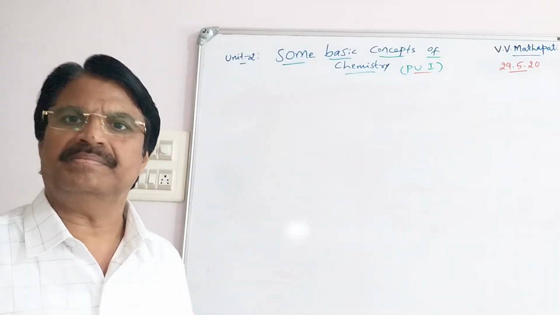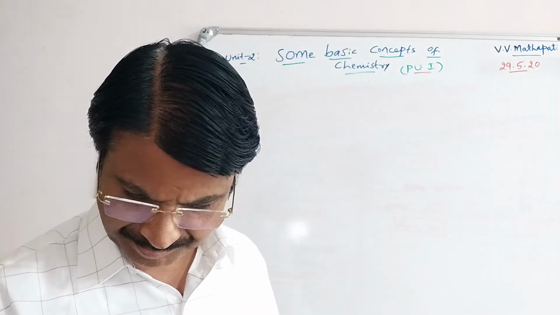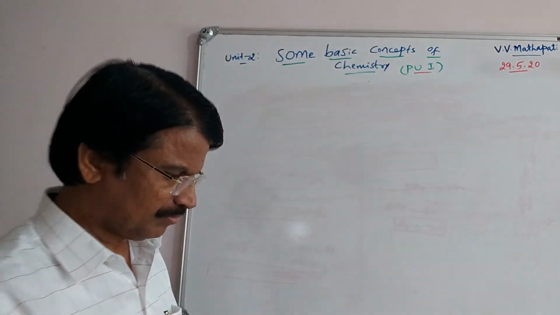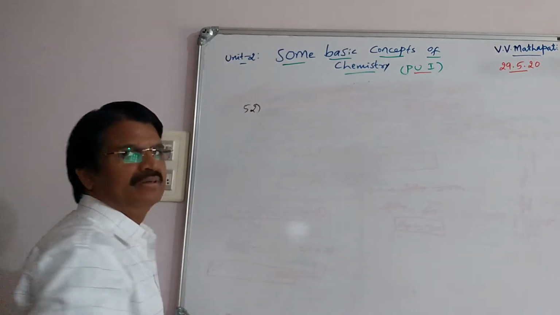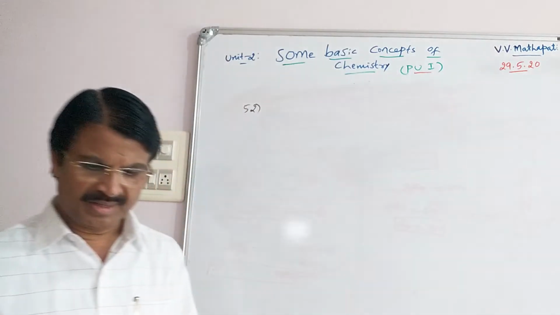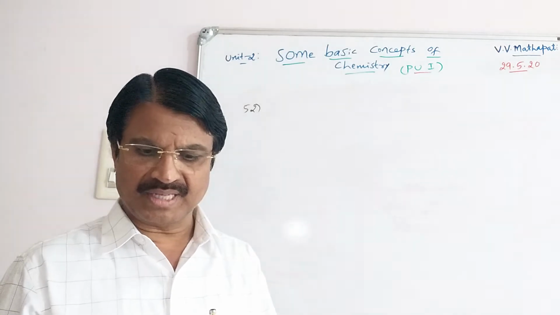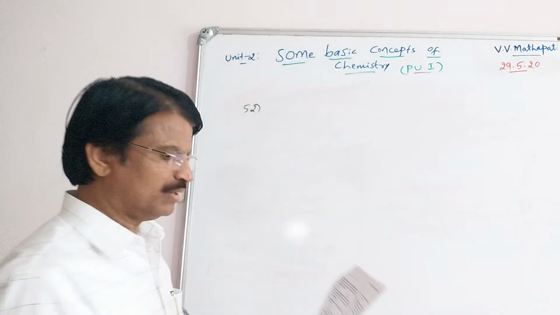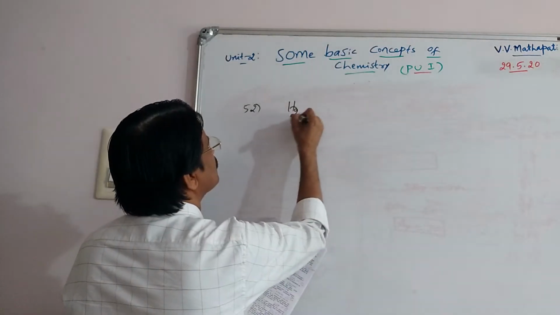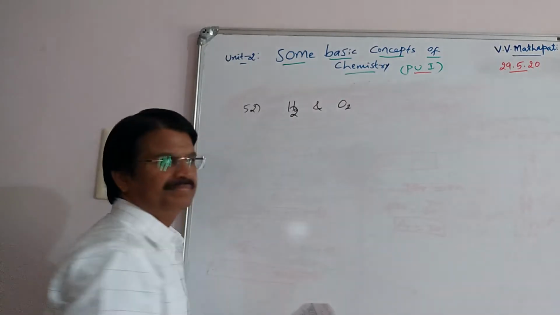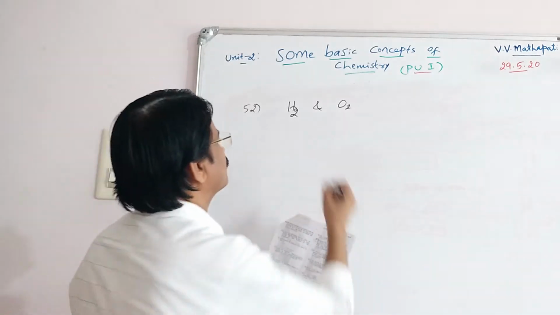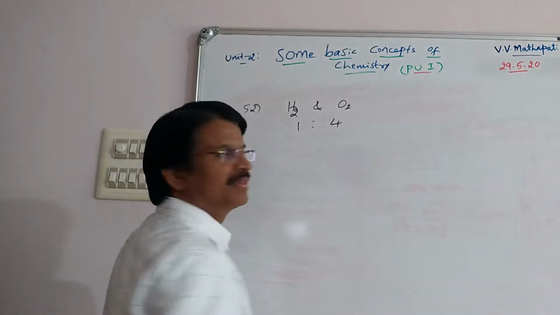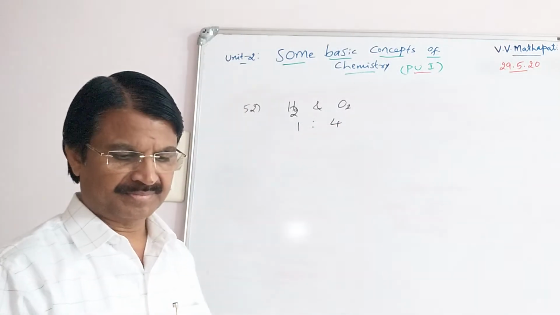Next question, question number 52. A mixture of gases contains H2 and O2, two gases in the ratio of 1:4.